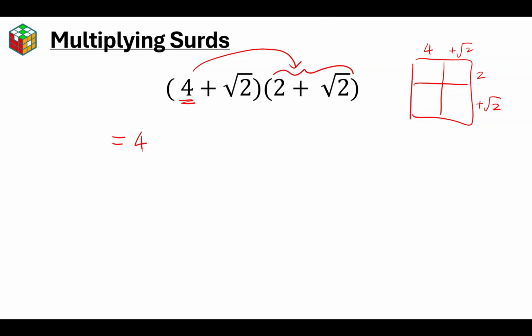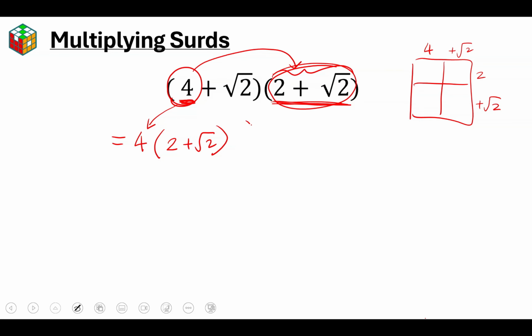So that means 4, I got the 4 from here, times everything, because I want to expand the bracket, means that I need to times each other. So I'm going to times it by 2 add root 2. Where do I get the 2 add root 2? I get it from the second bracket. So I use 4 times everything at the back.